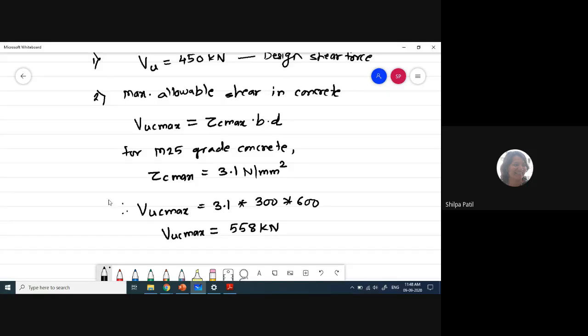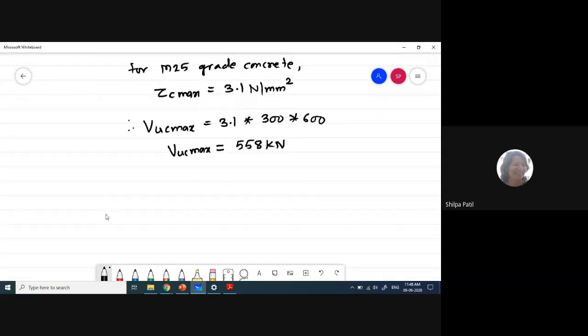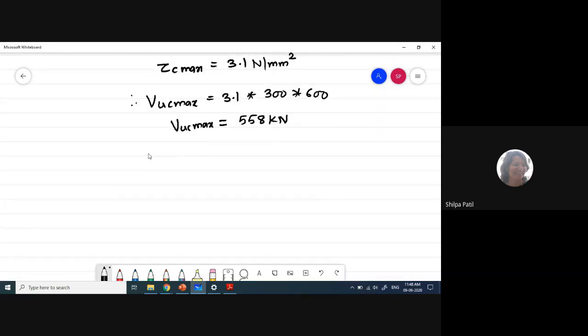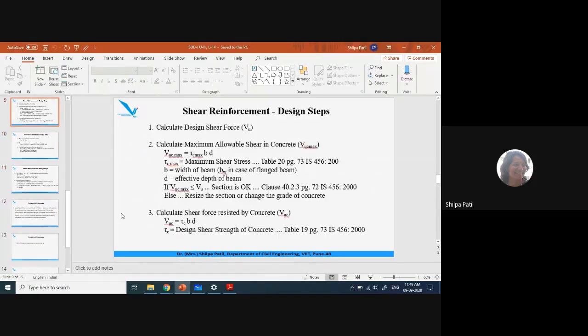Now what is the next step? To calculate shear force resisted by concrete. Before that, there is one comparison. We have to calculate the VUC max and compare it with VU.